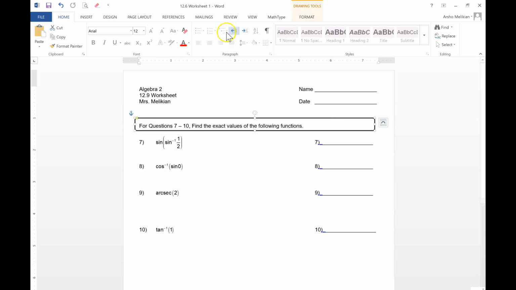All right, so make sure, and also make sure you know how to go back and forth between radian and degrees.